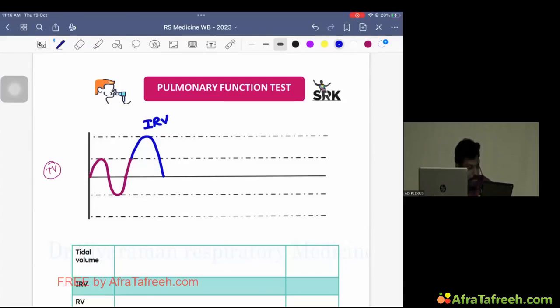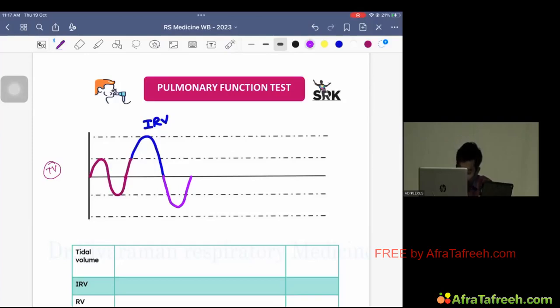After a deep inspiration followed by expiration, because of the passive process, some amount of air will go out of the lung and some amount of air is going to be retained in your lung.